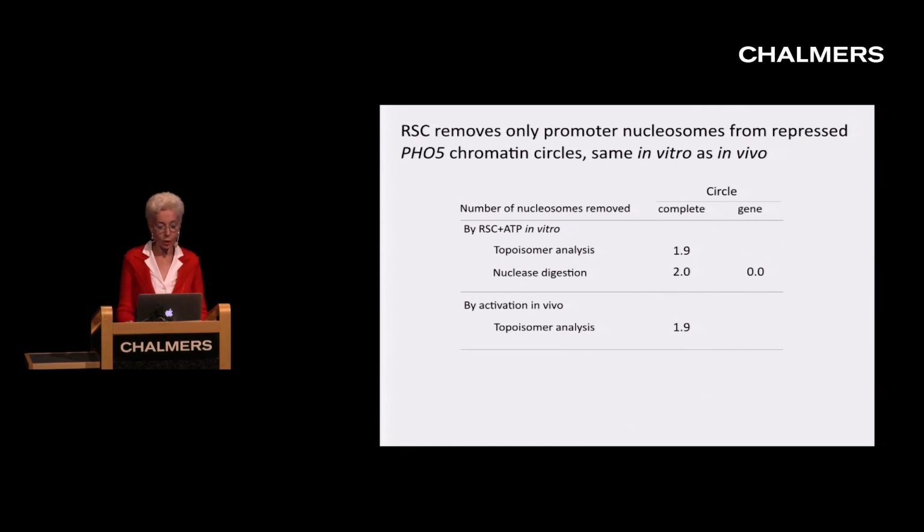The nucleosomes removed from the complete circle must have come from the promoter, because none were removed from the gene. We conclude that RSC removes promoter nucleosomes and creates an NFR in an actual yeast chromosome.